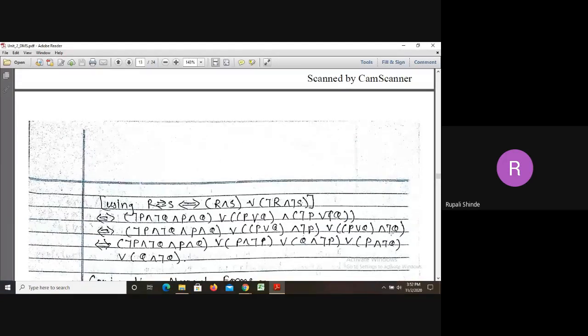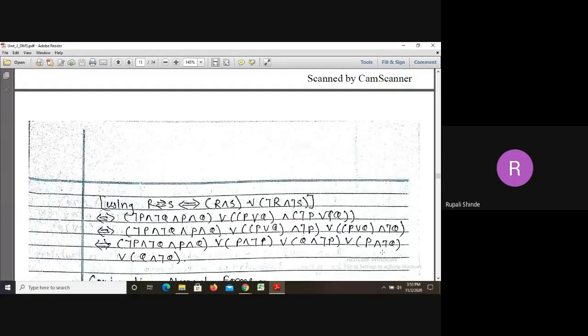Now check here. First bracket we kept as it is, or P and negation P. This is one bracket. Again we apply the distributive law, or Q and negation Q, or P and negation Q. This is one bracket, or Q and negation Q. Again we applied the distributive law.